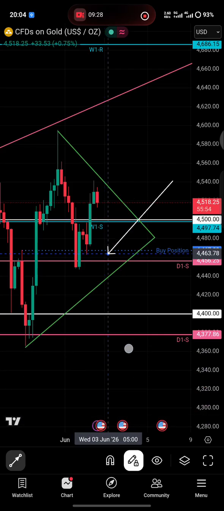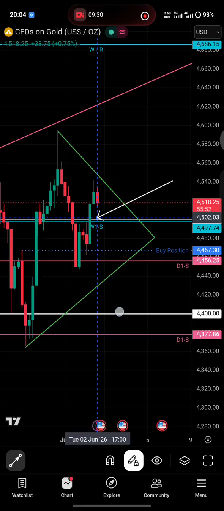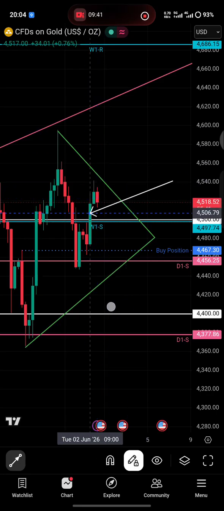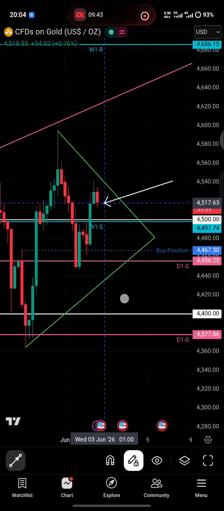So right now your trailing stop loss should be over here at about 4,500. And if this 4,500 isn't attacked and the chart starts expanding above, your trailing stop loss is going to be pushed up higher and higher. And trailing stop loss should always be placed at higher support after another resistance is broken.